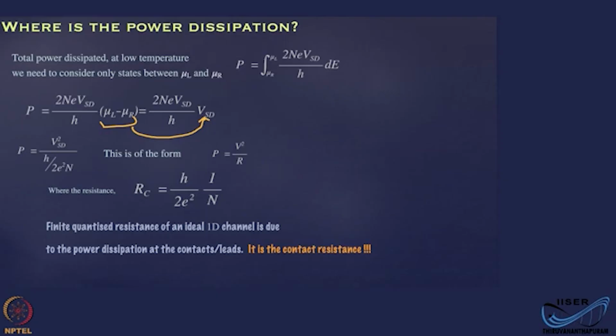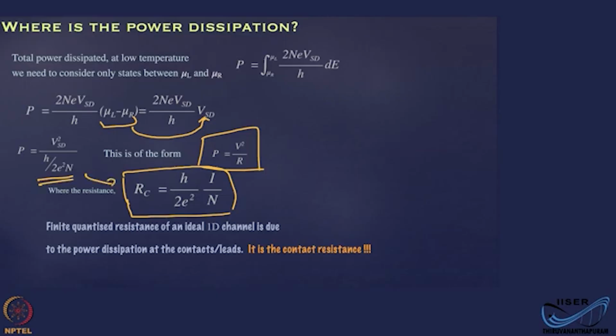So what that means is this is of the form P equals V squared by R. Power is V squared divided by resistance, where this resistance is h by 2e squared times N from here.